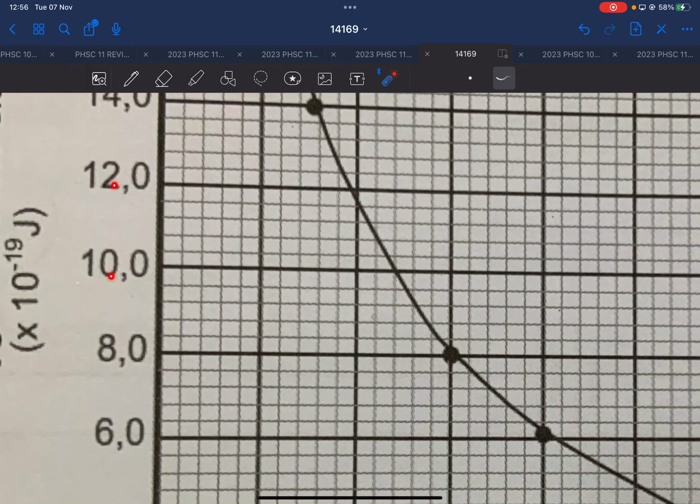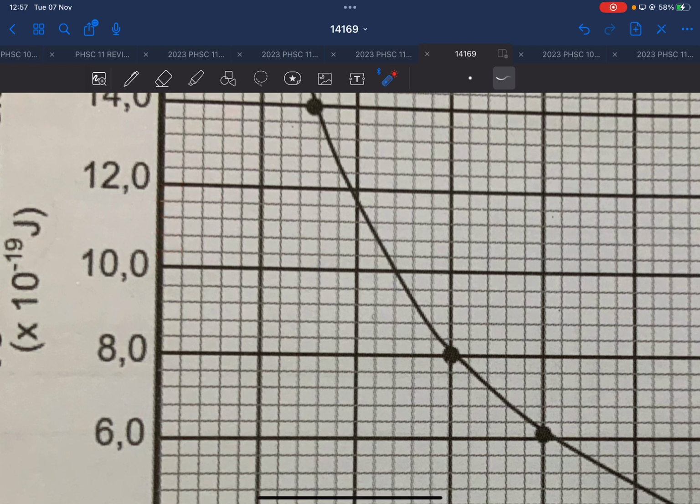So let's check, that's 10, that's 12. And there are 1, 2, 3, 4, 5 little lines in between. So how do you go from there to there? It's 2 divided by the 5 lines. So each line is 0.4. 10.4, 10.8, 11.2, 11.6, 12.